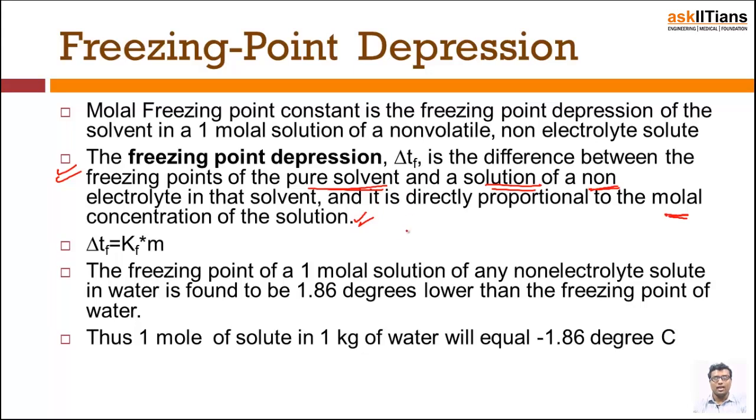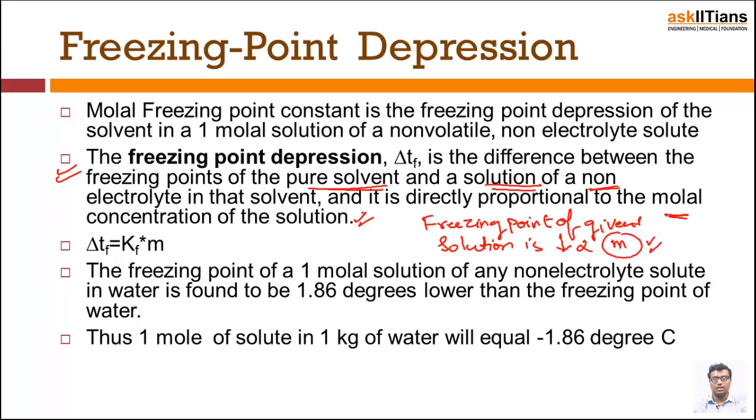So when you add a non-volatile solute to the given solvent, the freezing point of the solution decreases. This is known as delta Tf, or freezing point depression. This freezing point depression will be proportional to the molality of the given solution.